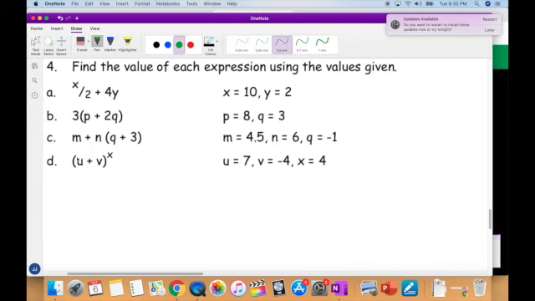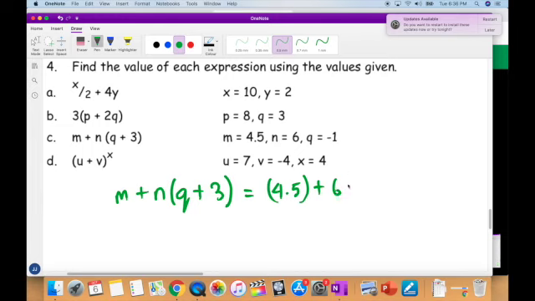Very good. m plus n, open brackets, q plus 3, close brackets. What does that give you? Brackets 4.5 plus 6 into 3 brackets plus 3.